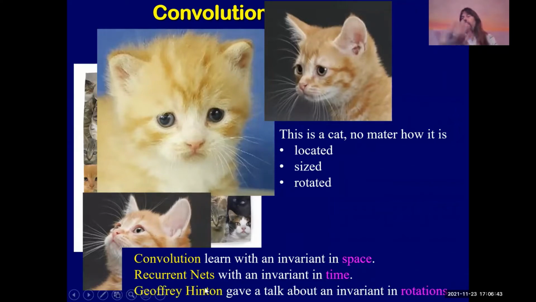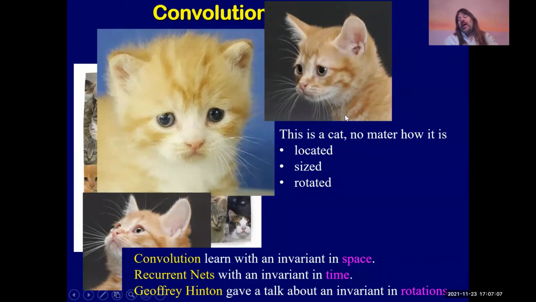Geoff Hinton, who's the big guy in machine learning and is at U of T, was there when I was a graduate student. He came up to York and gave us a talk on how the new thinking is to have a three-dimensional model for the cat and be able to be invariant to which rotations you see.